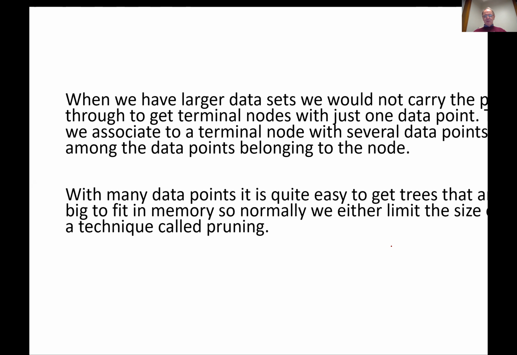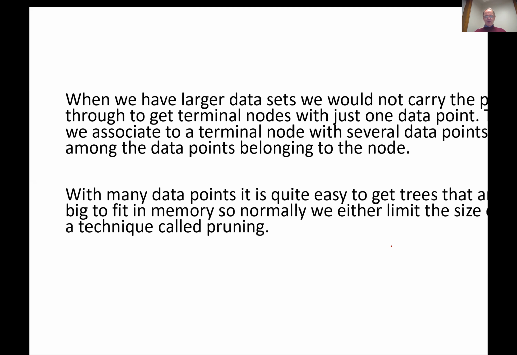You eliminate some nodes and some branches so that you get a smaller tree. That's the pruning algorithm. But SKlearn unfortunately can't do that, and it requires a lot of memory. So in SKlearn, what you do is you limit the depth of the trees.